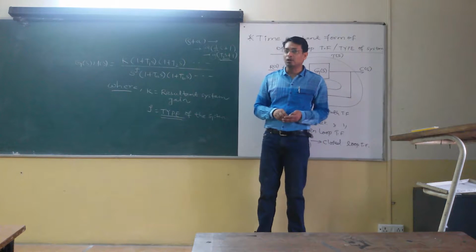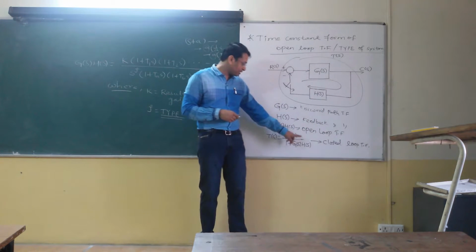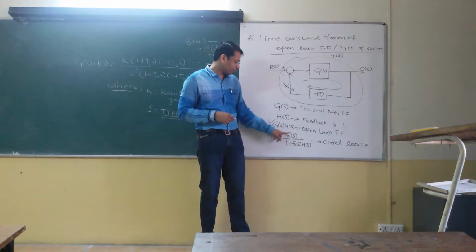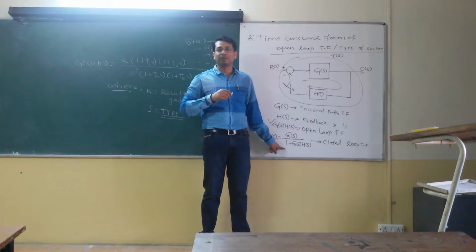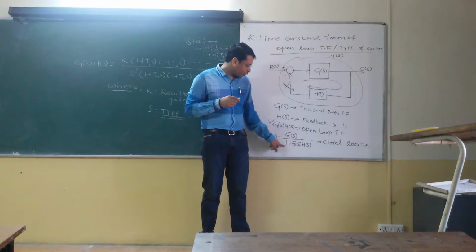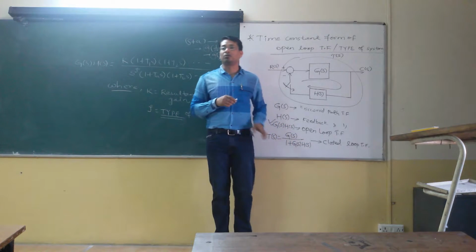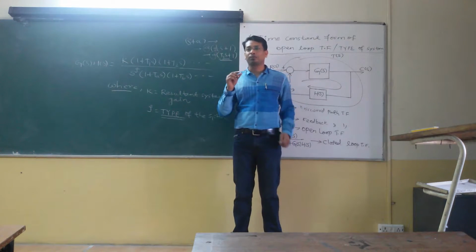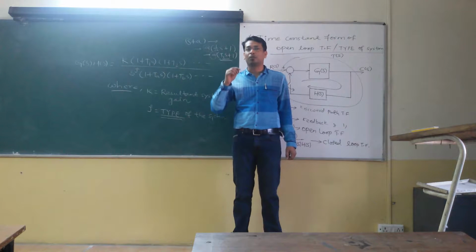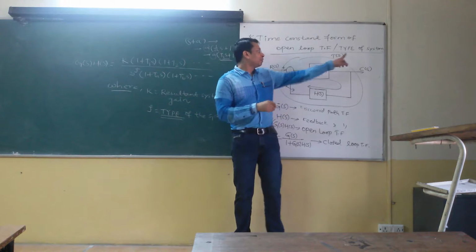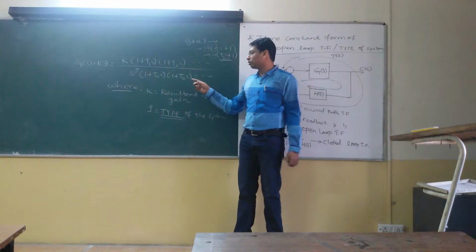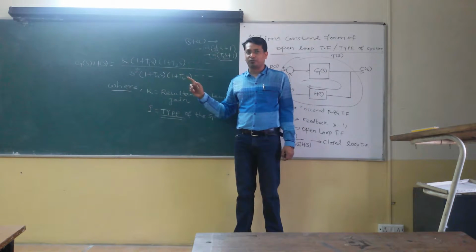For finding the order, you represent your transfer function in the form G(s) upon 1 plus G(s)H(s), and the order was the highest power of the polynomial 1 plus G(s)H(s) equal to 0. So the order of the system is a characteristic of the closed loop transfer function, while the type of the system is a characteristic of the open loop transfer function.